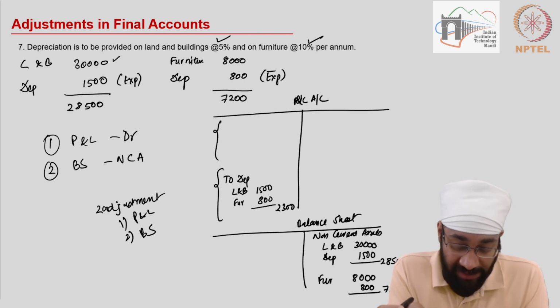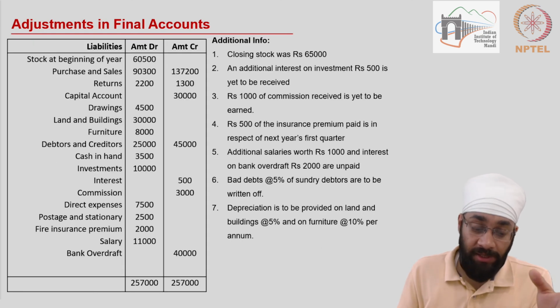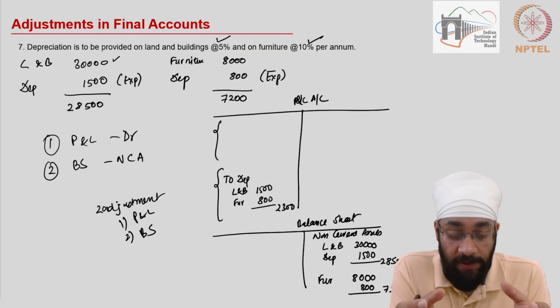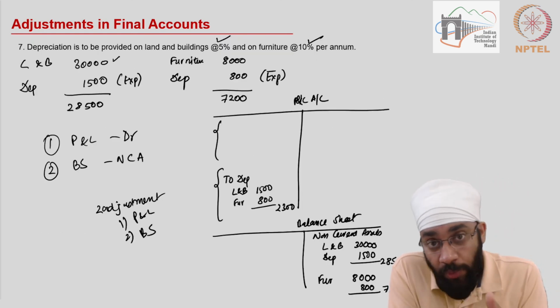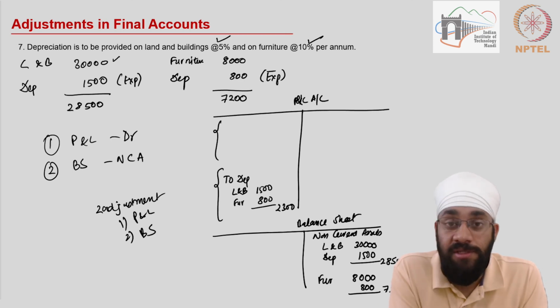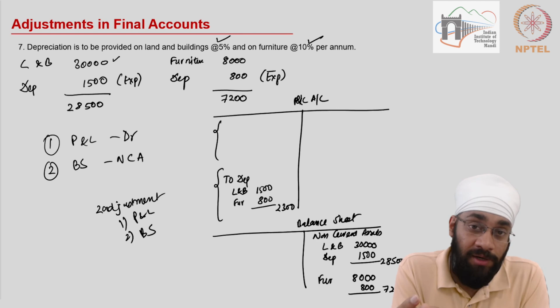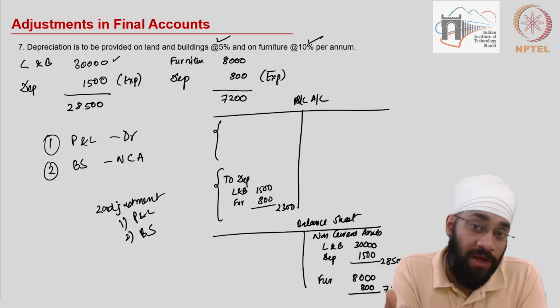Now, why is that happening? The reason is that all the adjustments were supposed to be written through the journal entries, ledger posting and trial balance, that process, which is a double entry system, which means all the transactions affect two accounts.